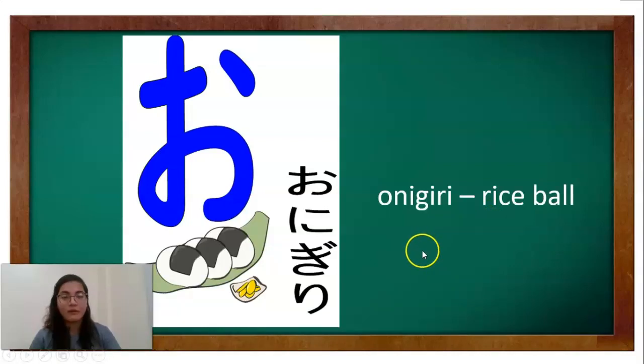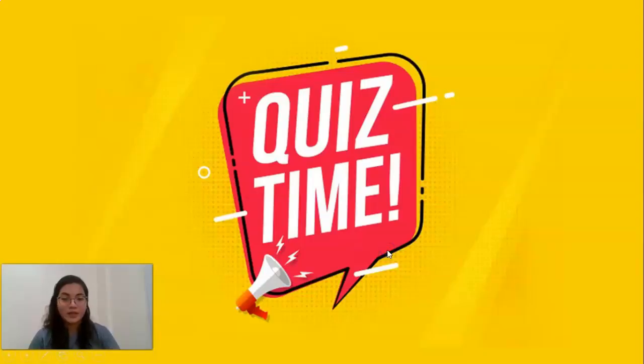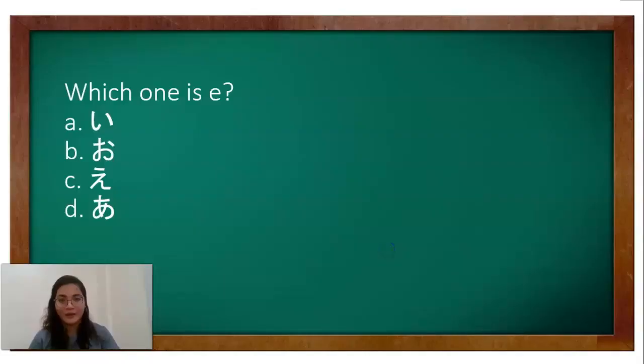Okay, and that's it for the first row of our alphabet. So let's do the quiz time. Which one is E? Is it A, B, C, or D?